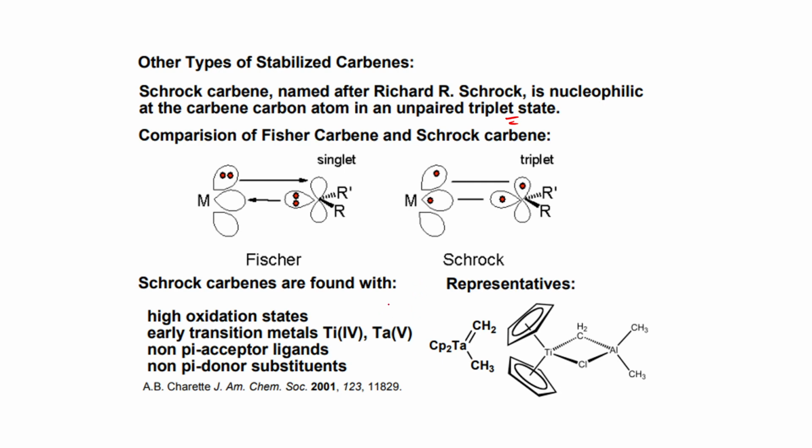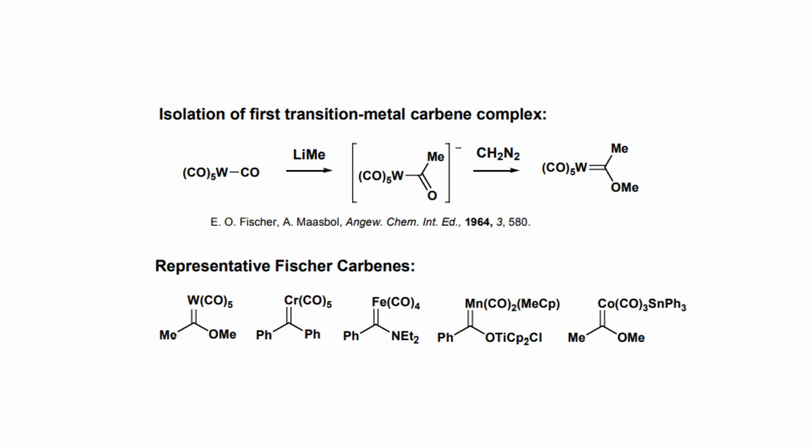So these are some examples of your Schrock carbene. Here tantalum, titanium, these kinds of metals are used with +4, +5 oxidation state.